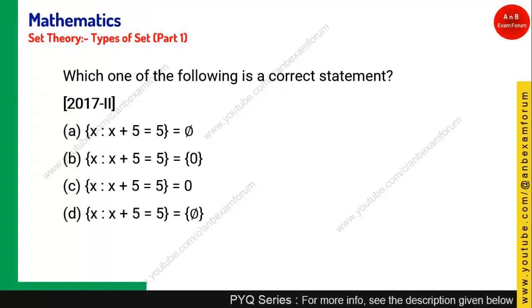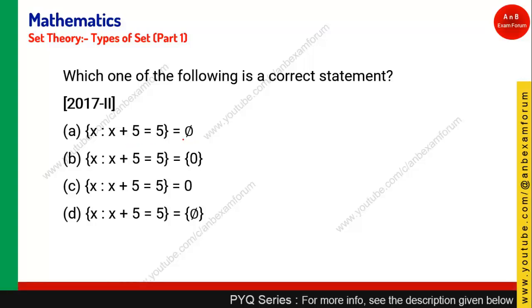Let's see the next question. Which of the following is a correct statement? Student, for this question you need to know the representation. What does what represent? Let's see one by one. So x plus 5 equal to 5. If you make the set for this particular option, you will have x is equal to 0.